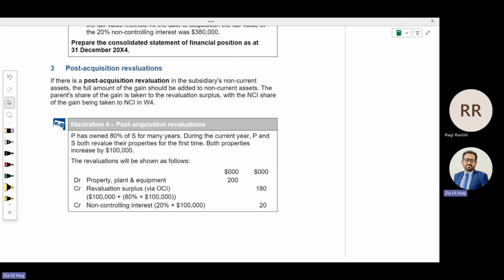And the valuation difference between the date of acquisition revaluation and the reporting date will be due to revaluation. In the same way that we are charging the profit of the subsidiary to parent company retained earnings and non-controlling interest, in a similar manner we need to distribute revaluation after the date of acquisition to the parent company and non-controlling interest.